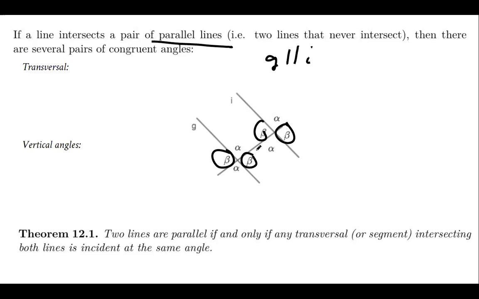These all have the same measure, and same for alpha. And then if we have these two parallel lines G and I, the transversal would be the line that's going through them here. So it's the line that intersects two parallel lines.